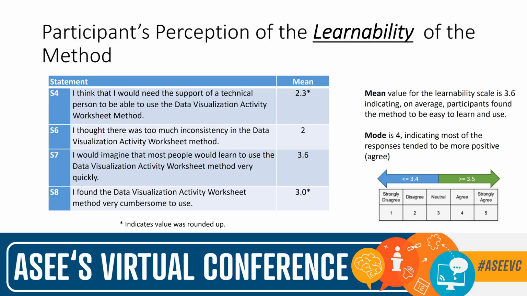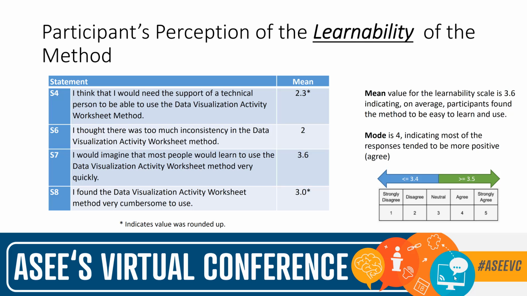Statement 7 has a mean value of 3.6. Since this value is greater than 3.5, we interpret the mean to be leaning more towards a value of 4, which corresponds to agree on the Likert scale. We conclude, on average, students agree that most people would learn to use the worksheets method very quickly.